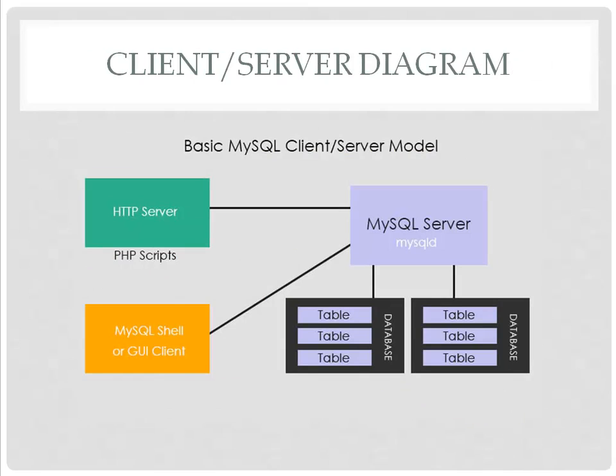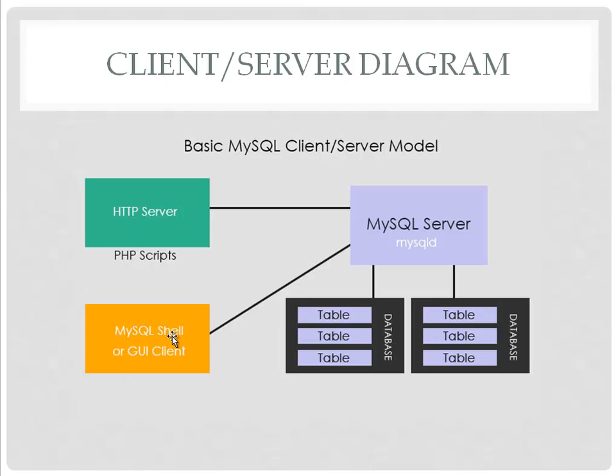And here's a quick diagram that I created just to give you an idea of how the client and servers are set up. Here we have the main MySQL server, which is called mysqld, and this can have multiple databases we can create on this server. In the databases, obviously we have our data, which is put in tables. Inside the tables we have rows and columns, and then over here we have our GUI client or our MySQL shell, so the command line.